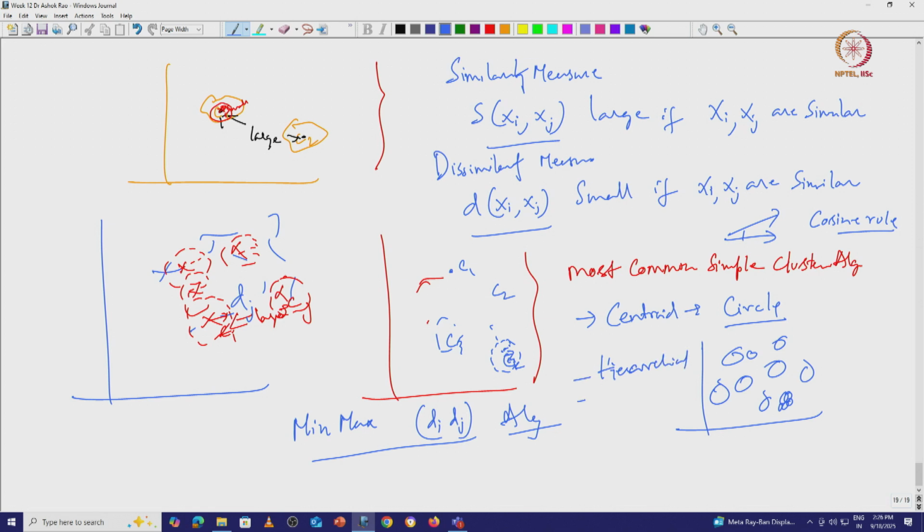Then you also have other flavors of mixture models which overcome this restriction of circular. So, you have another half a dozen better clustering algorithms, but intuitively this minimizing distance within the cluster, maximizing the distance between cluster groups, that is the best starting point.